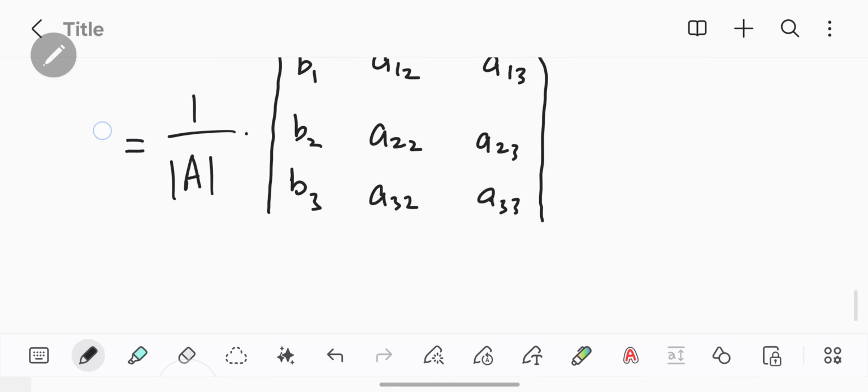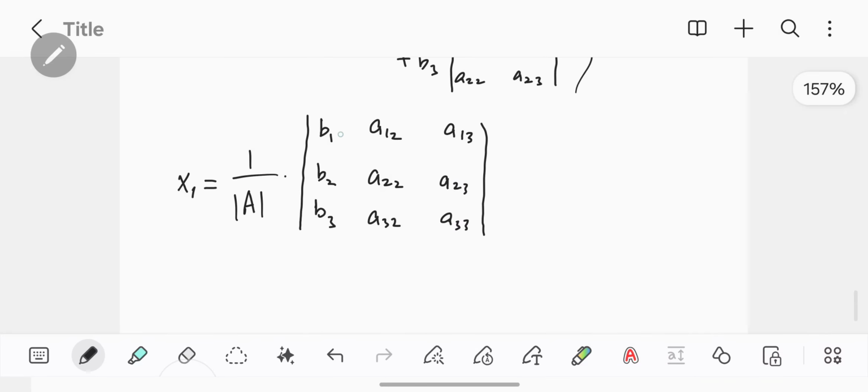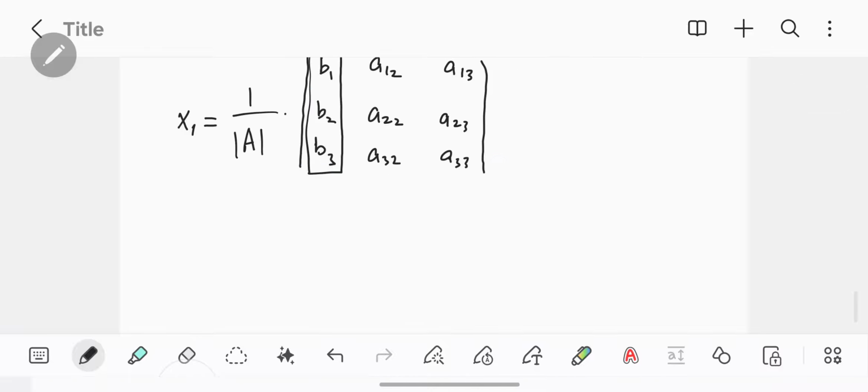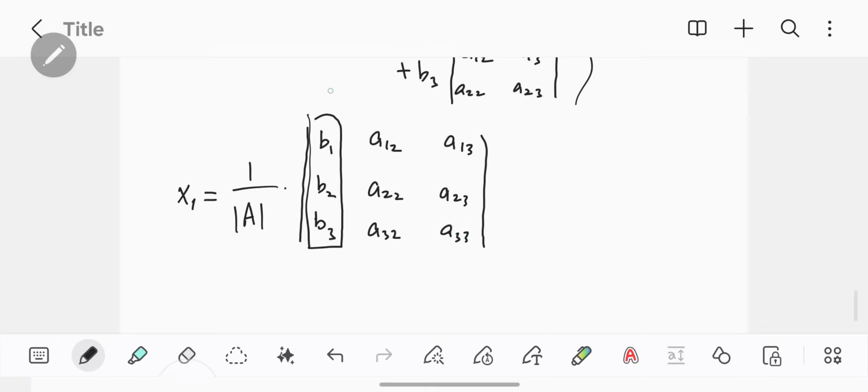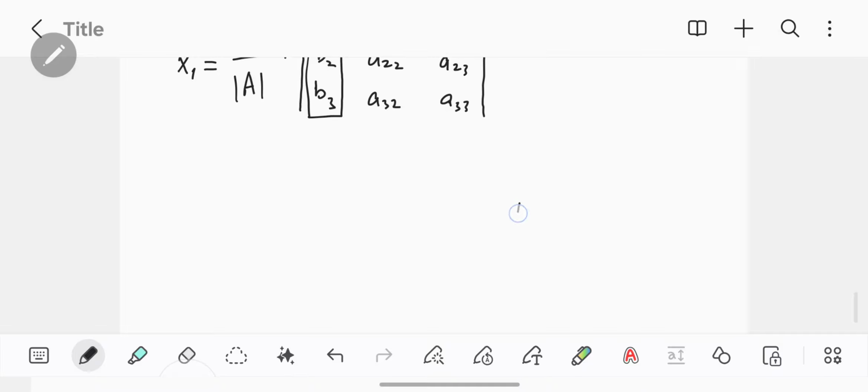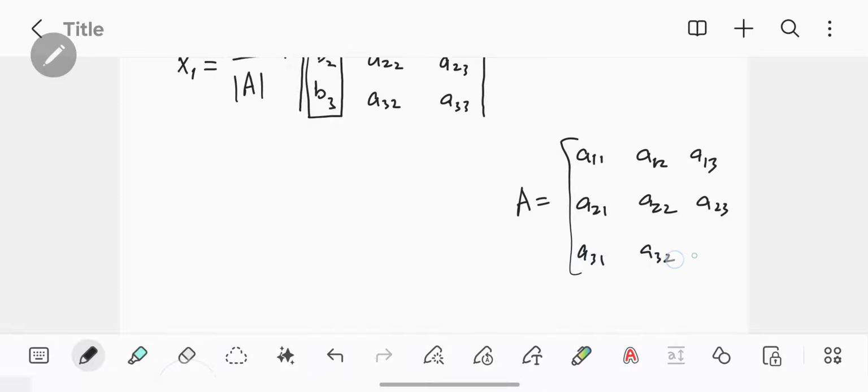So look, my x1 is obtained by adding, you know what this is? This is matrix B, okay? So in the first column, we have matrix B, and the other two columns of the matrix are the same. Actually, your matrix A was A11, A12, A13, A21, A22, A23, A31, A32, A33.